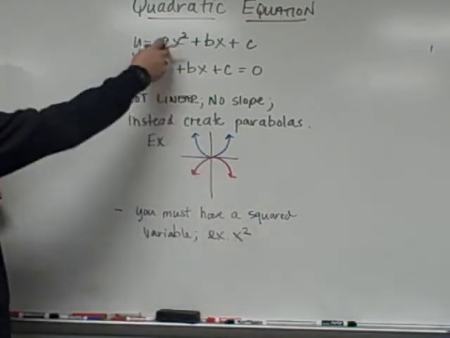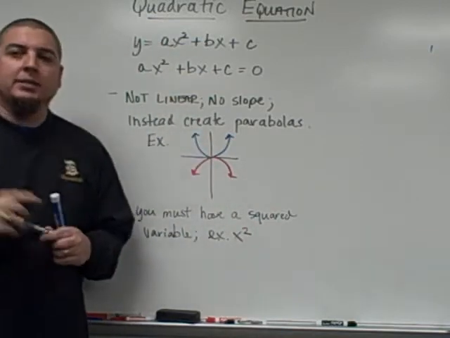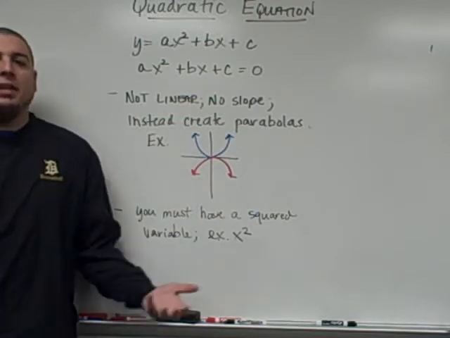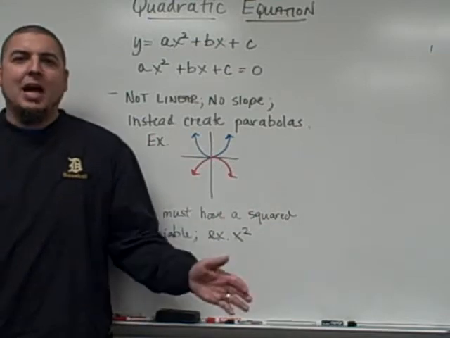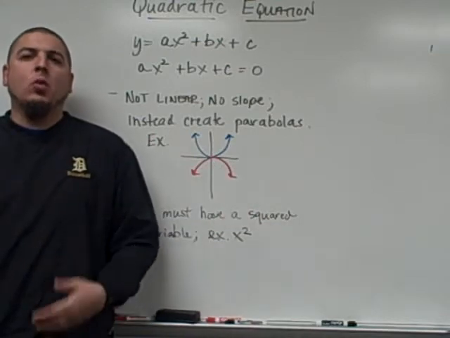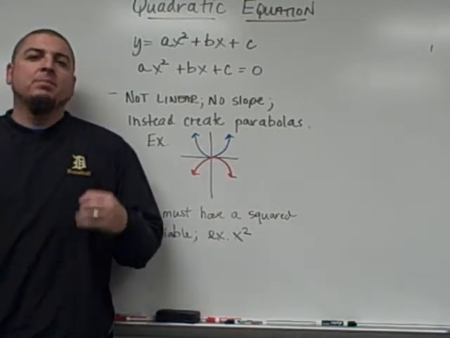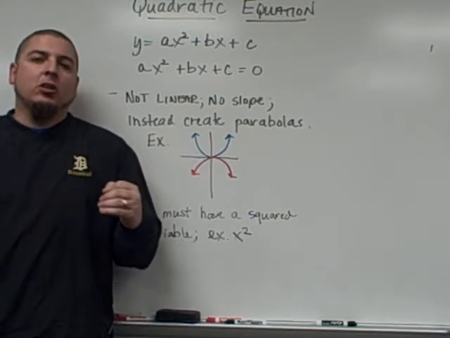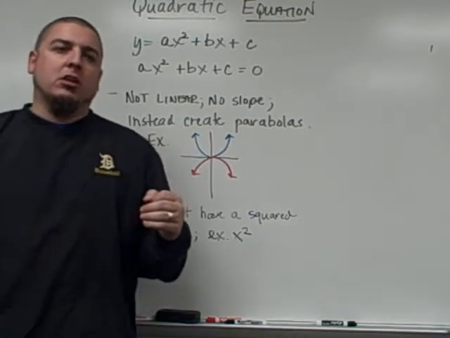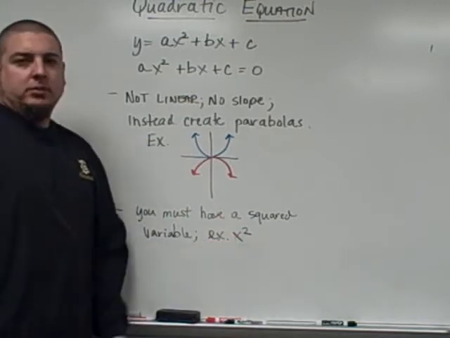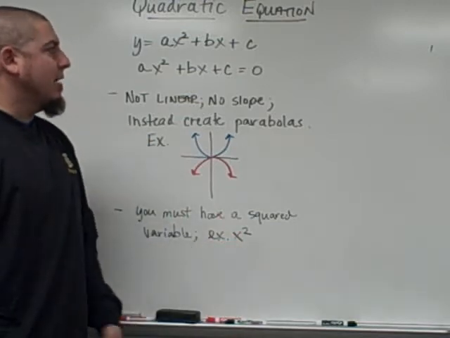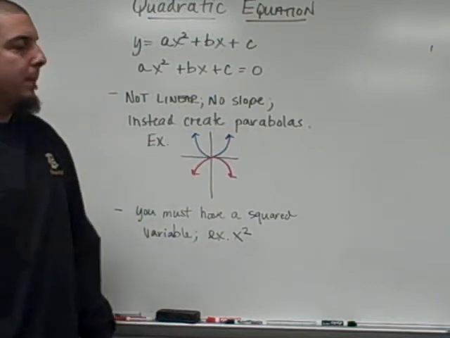This x squared indicates that we have a quadratic. If it's not squared, then we have a linear. That's the difference between quadratic and linear. Linear creates a line, has y equals mx plus b, and has a singular x, an x to the first degree term. A quadratic has a second degree, so it's x squared. That's why you know you have a quadratic if you have the x squared value.